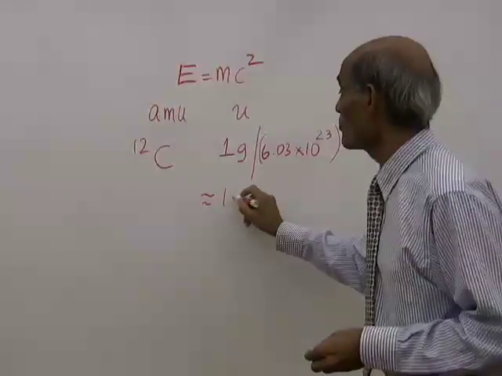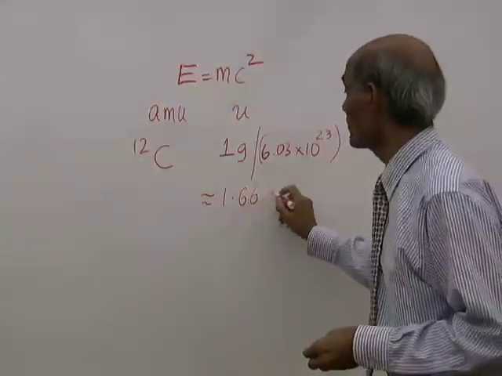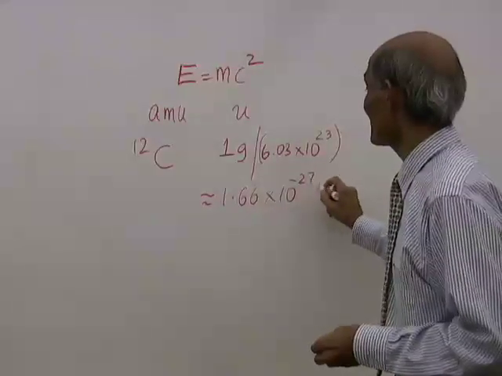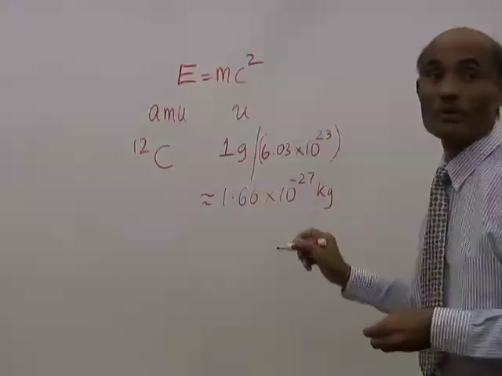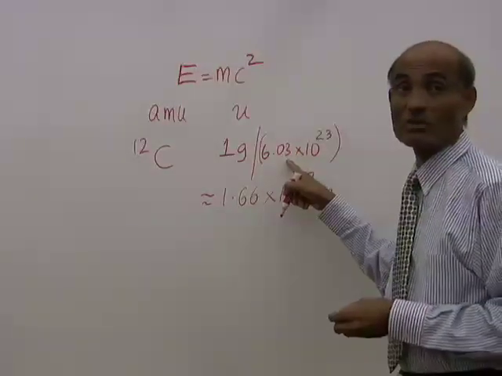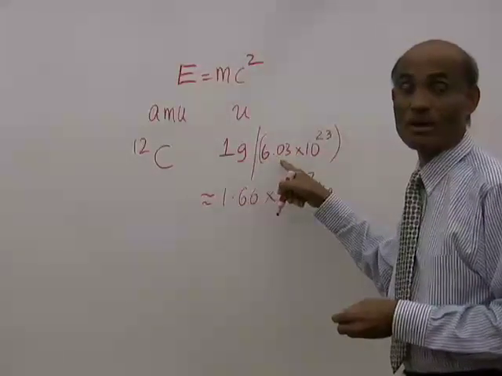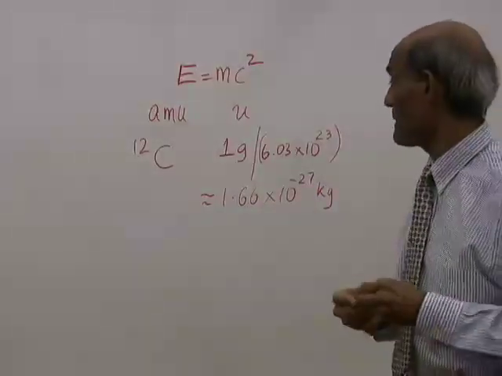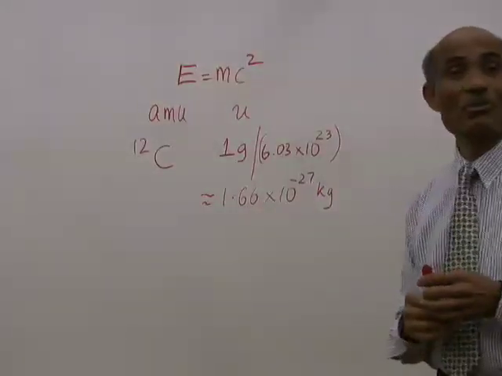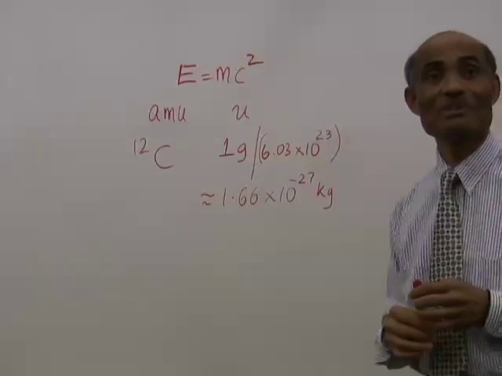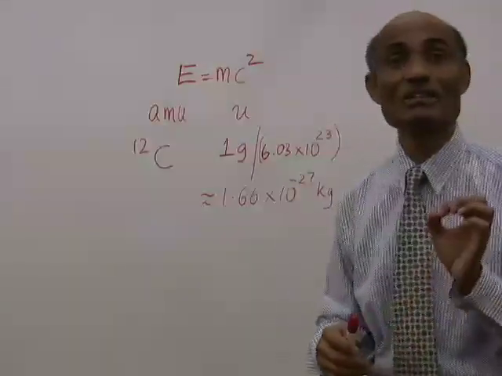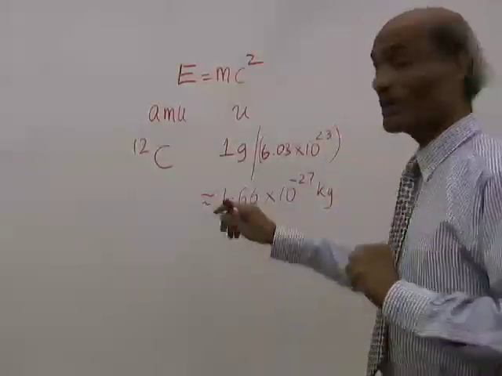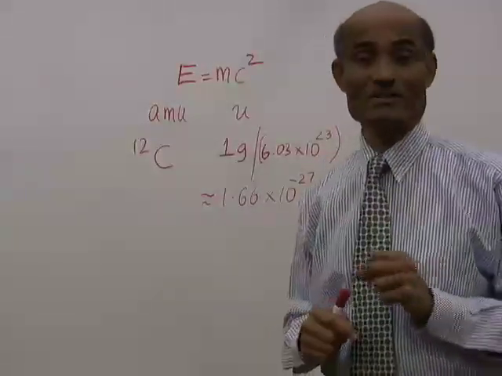That will work out to 1.66 times 10 to the negative 27 kilogram. So approximately 1 atomic mass unit is 1.66 times 10 to the negative 27 kilogram. Well, that will be the unit for measuring mass.